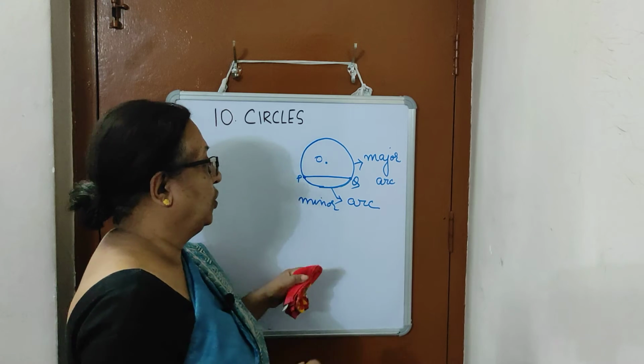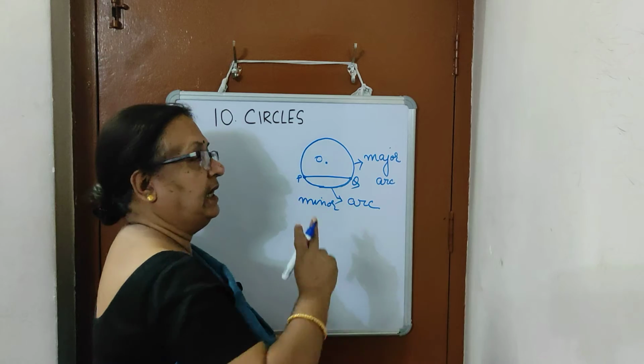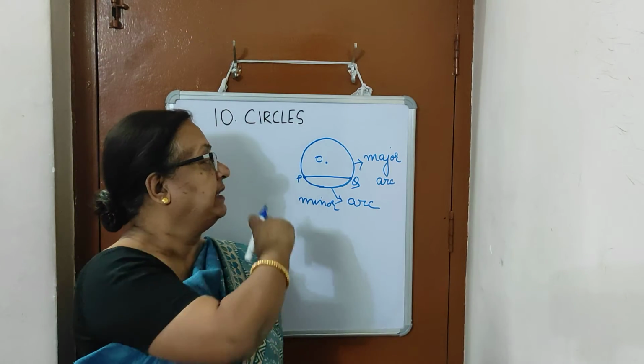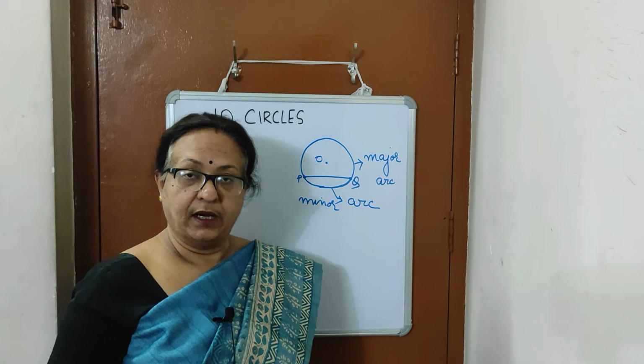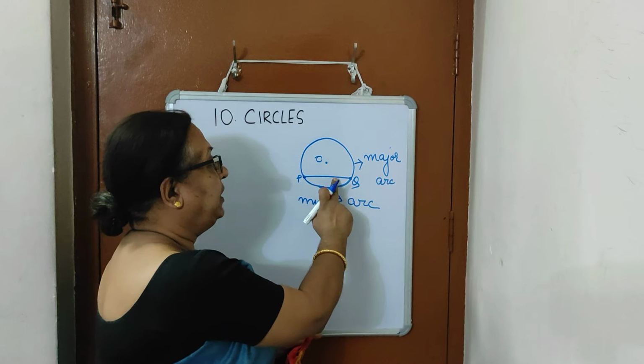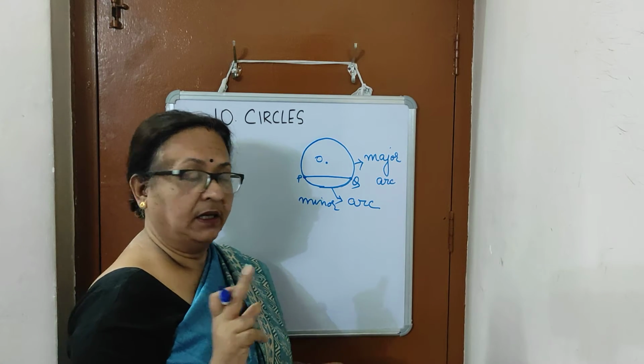Okay children, any two points on the circle divide the circle into two arcs. The smaller one is the minor arc and the bigger one is the major arc. Again, this chord PQ divides the circular region into two parts.